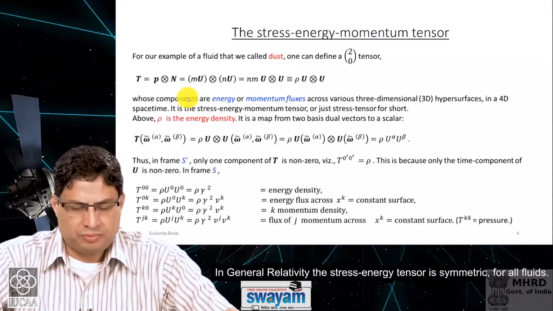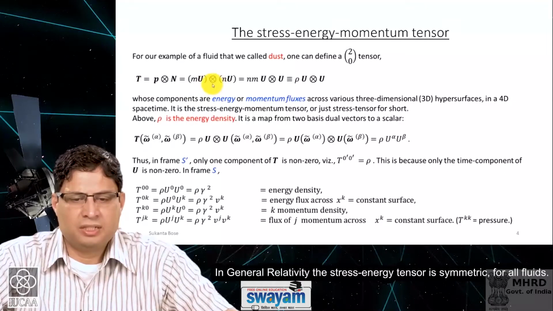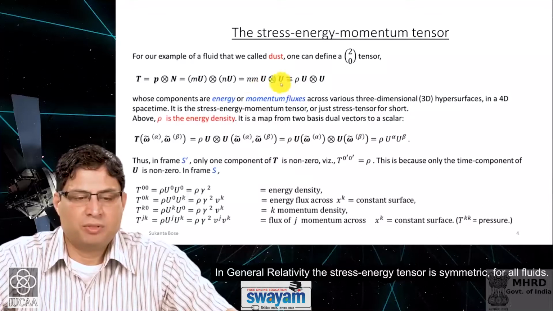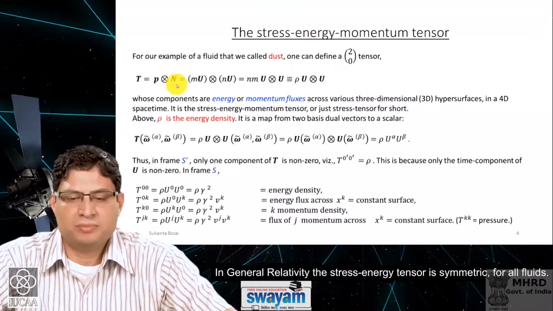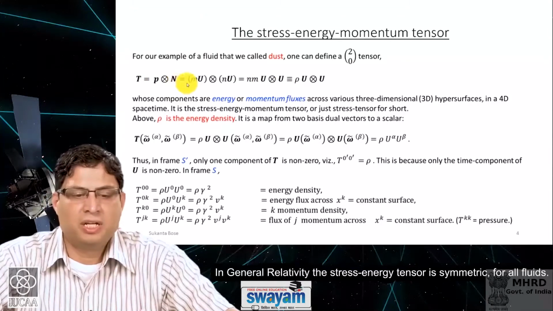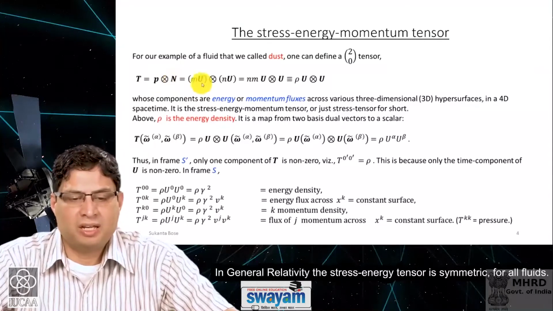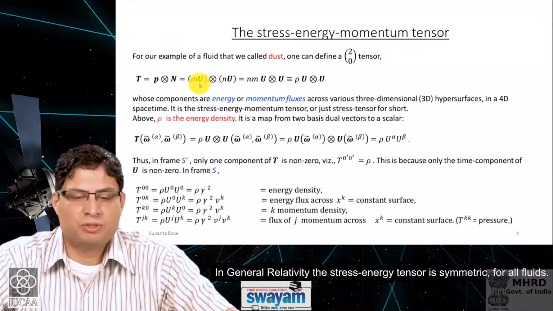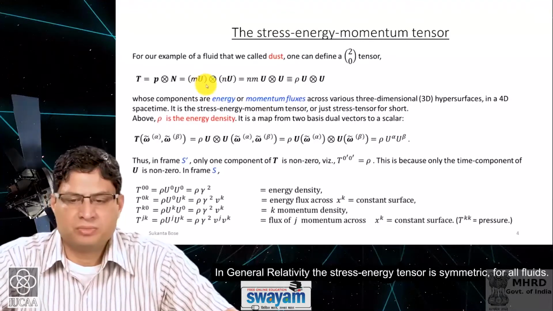So, the way this operation is defined is that the scalars m and n can be factored out, so that the tensor product operates only on the tensor arguments, namely u and u in this case. Each of these u's is taken from p and n respectively, as we saw on the previous slide. P and n both are just some scalars m and n respectively multiplied with this 1-0 tensor, which we call the 4 velocity vector u.